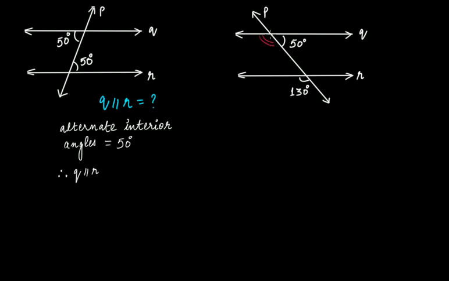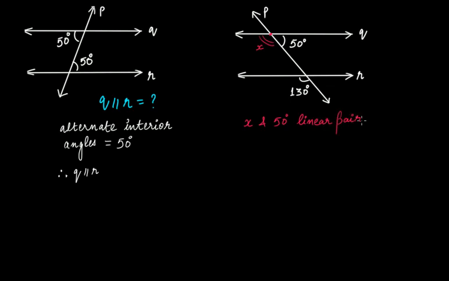If we look around this vertex at this point, you can clearly see that this 50 degrees and, let's say this is x, this x and 50 degrees are a linear pair.